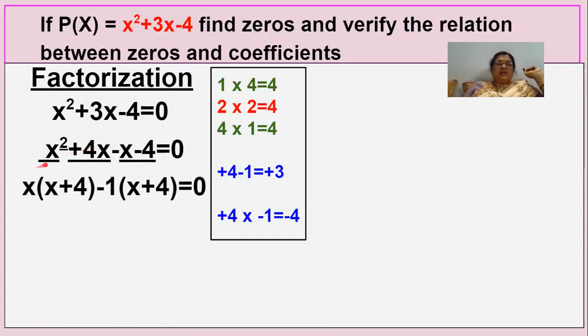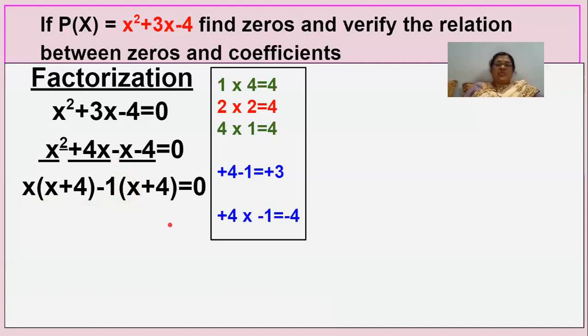So here in the first two terms, 1x I have taken out. So here this x went outside, you'll get x plus 4. Inside here, minus 1 is taken out and you'll get the same thing. Whatever I have written in the bracket here, the same thing will repeat here also.